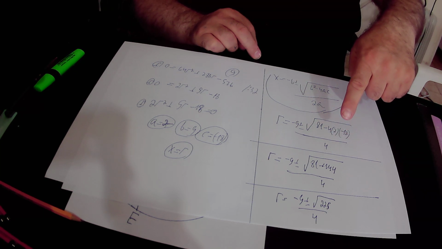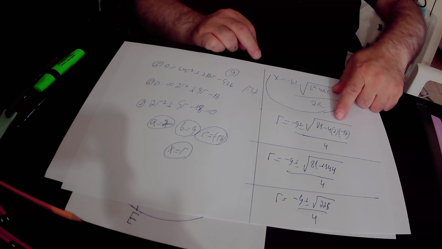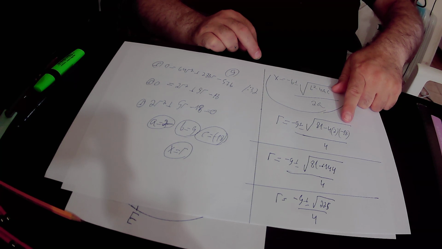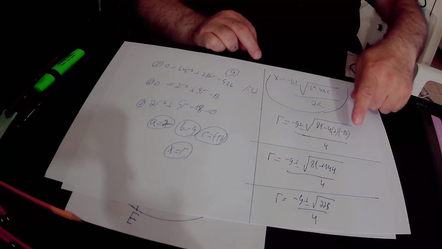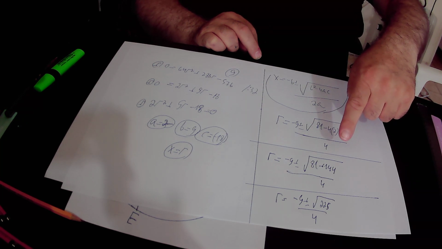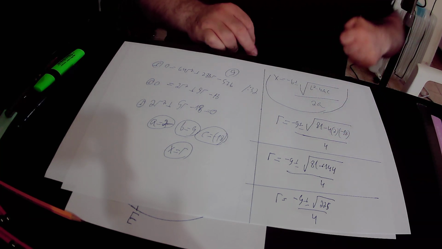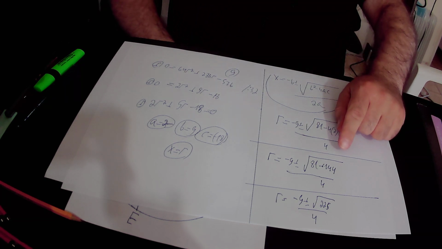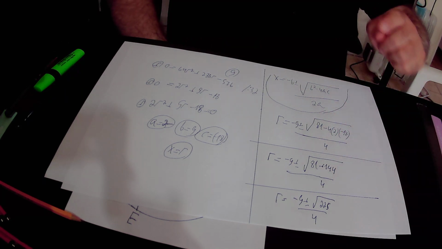So here we get that r equals minus 9 plus minus. Inside the root we have 81, and minus 4 times 2 is minus 8, and minus 8 times minus 18 is plus 144. So inside the root we have 81 plus 144, all divided by 4. 81 plus 144 is 225.